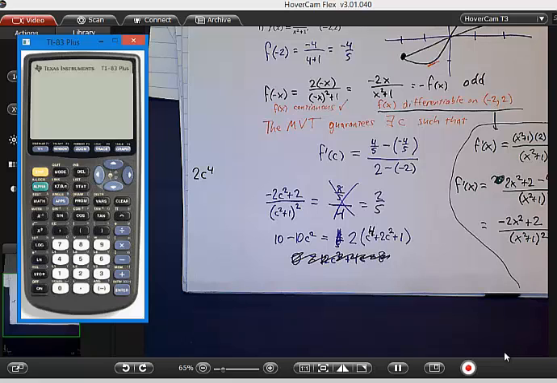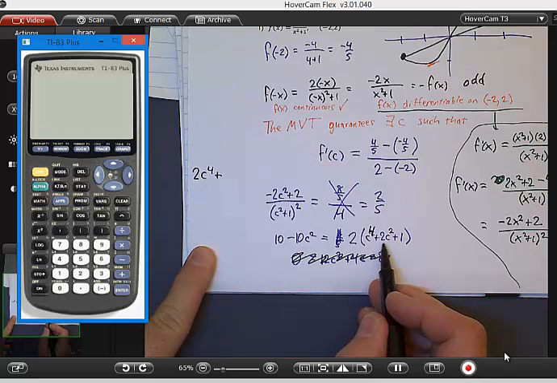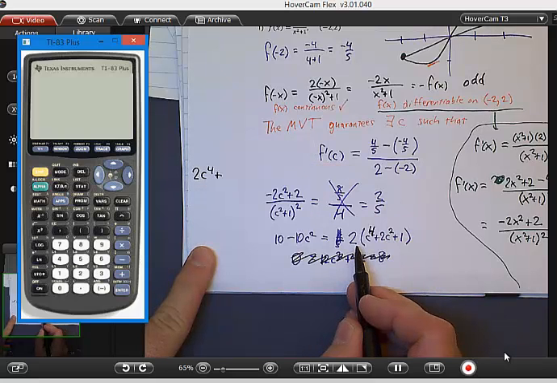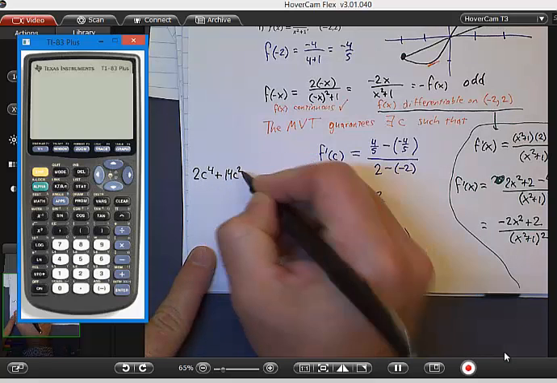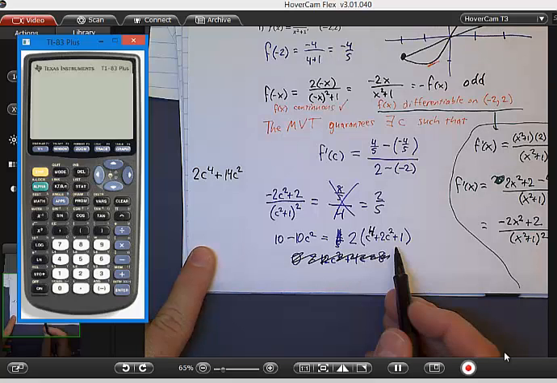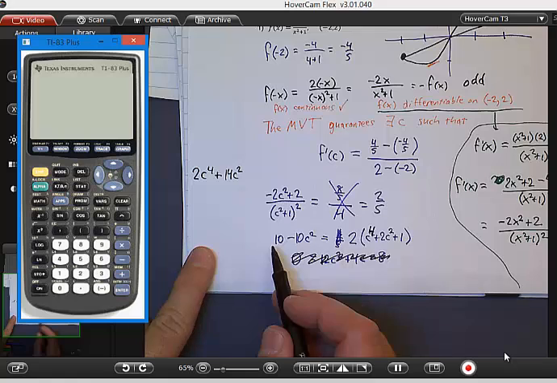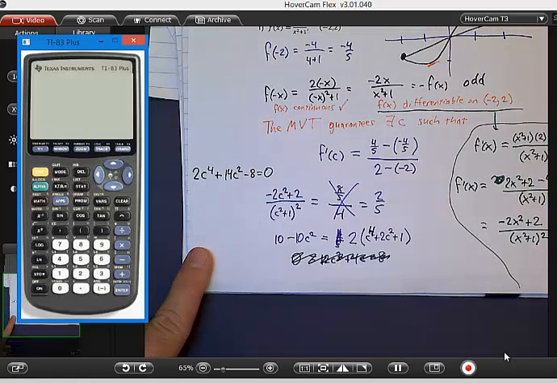Right? Now how many c squareds do we have? Well, let's see. 2 of them here times 2 is 4 plus 10 plus 14c squared. Yeah? And then I have plus 2 minus 10, so minus 8 equals 0. How's that look? Better?